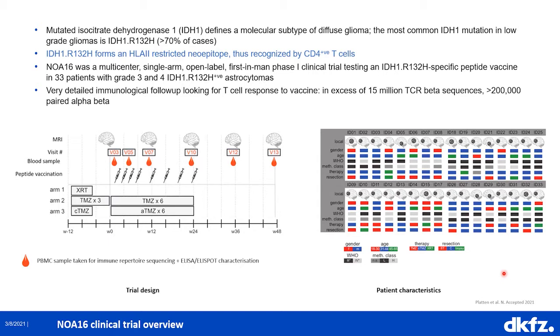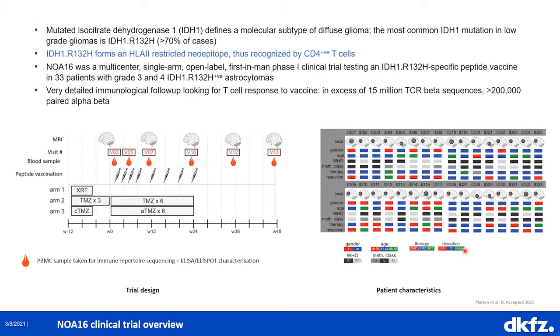What was very nice about this trial was that it had very detailed immunological follow-up. You can see the trial design here, but the key point is that this third visit was when a baseline sample of blood was taken, and then throughout there were peptide vaccinations and further blood samples taken with concomitant temozolomide or chemotherapy.